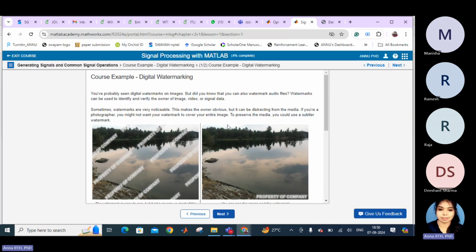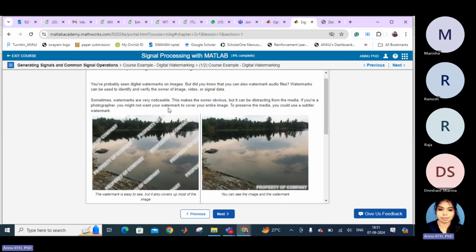So we have something to do with the course. You have probably seen digital watermarks on images like this. But did you know that you can also watermark audio files? Watermarks can be used to identify and verify the owner of the image, video, and signal data. Sometimes watermarks are very noticeable, which makes the owner obvious, but it can be distracting for the media. If you are a photographer, you might not want the watermark to cover the entire image.